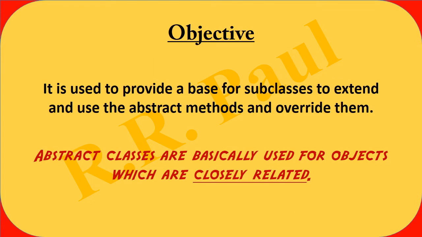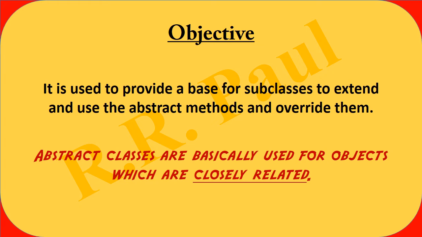Now, a question arises. What is the objective of declaring a class as abstract? Why should we do it? When we make a class abstract and we have some abstract functions in it, they are only declared, they are not defined.